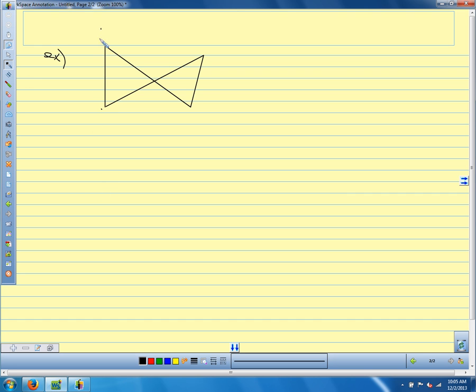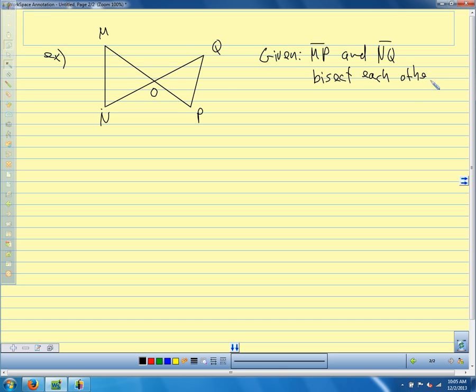We'll label this M, N, O, P, and Q. We're given that segment MP and segment NQ bisect each other at point O. And we want to use that to prove that segment MN is congruent to segment PQ.